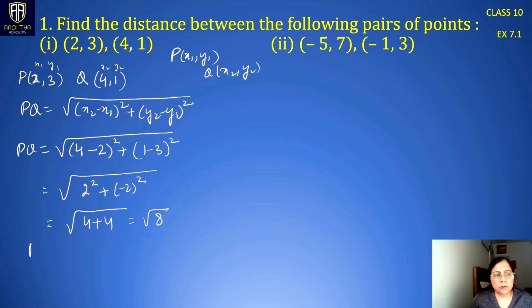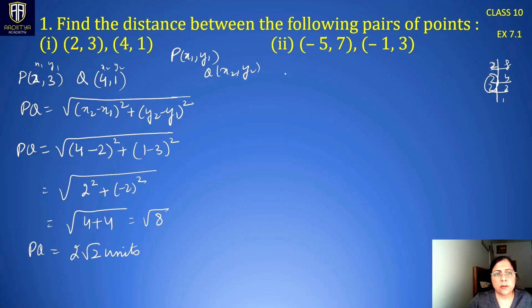And the simplified version of PQ can be written as 2 root 2 units. We can factorize 8 as 2 times 4, that is 2 times 2 times 2. So from this pair of 2s, you can take one 2 out of the square root, and one 2 remains inside the square root. This is the distance PQ in the first case.